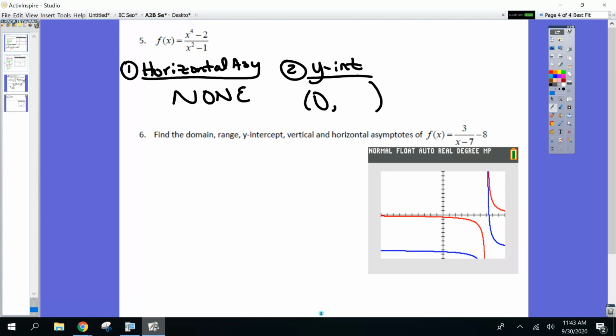What's your Y-intercept? What do you got to plug in for X? You're thinking about vertical. You're thinking about undefined. I just want the Y-intercept where it crosses the Y-axis. So that's when you plug in 0 for X. The Y-intercept is when X equals 0.